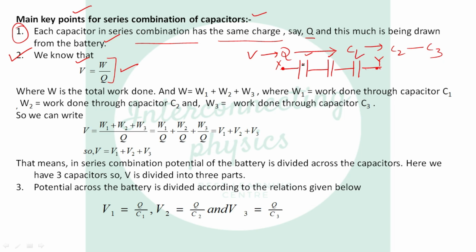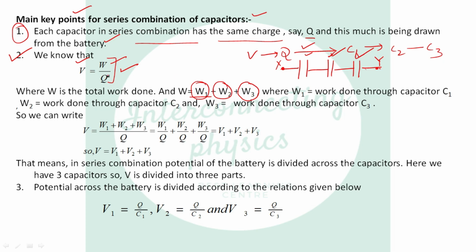Without crossing capacitor 1, we can't go to capacitor 2, and without crossing capacitor 2, we can't move toward capacitor 3. So the work done will be divided into three parts: W1, the work done across capacitor C1, W2, the work done across capacitor C2, and W3, the work done across capacitor C3.